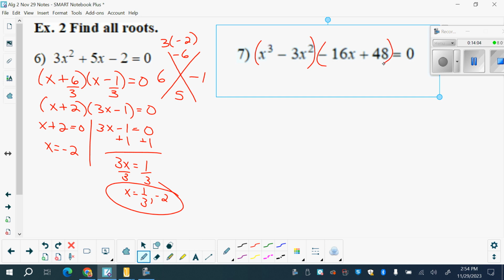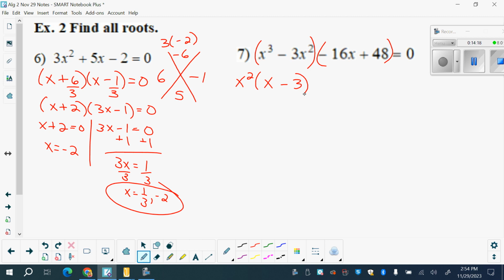So what is the greatest common factor on the first 2? X squared times x minus 3. And then what's the greatest common factor on these 2? There's something bigger. 16.